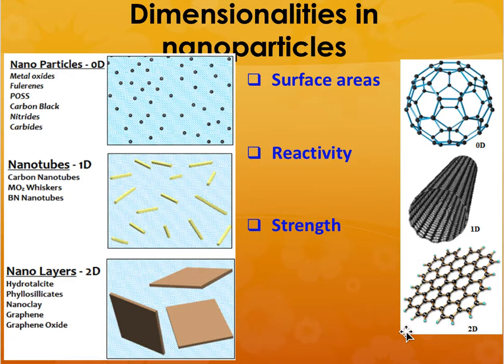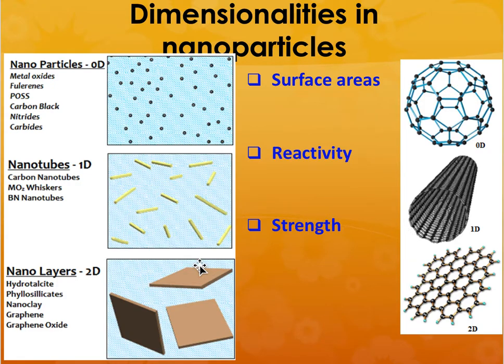So what we tried to do was to add these nanoparticles between the prepreg layers so that you can improve the bonding between those prepreg layers to improve the interlaminar toughness of these composites. So you can add nanotubes or you can add nanoparticles, etc. But most of the time, carbon nanoparticles and carbon nanotubes have very high surface area, but very poor reactivity and not very high strength.